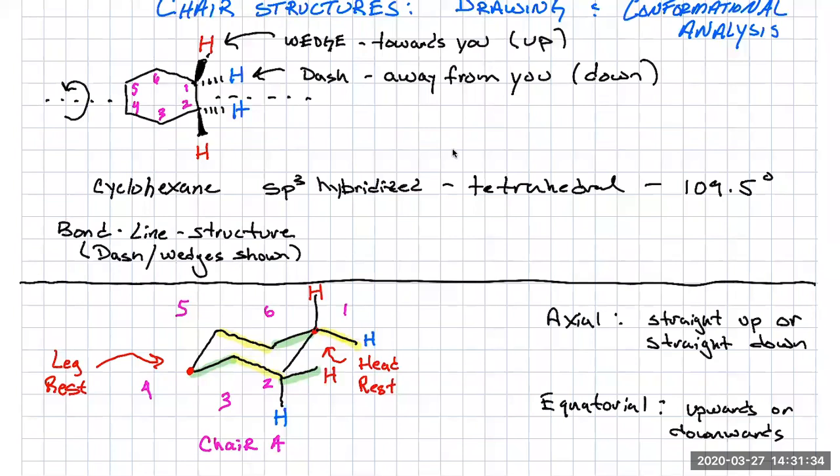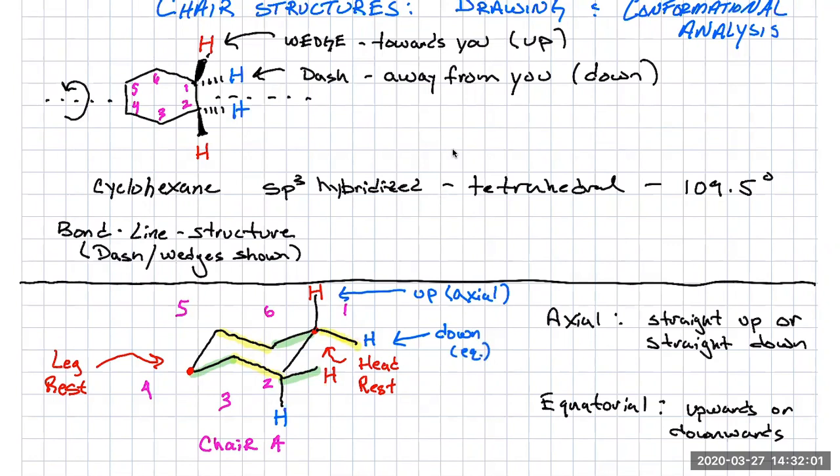Okay, one other thing to note here, just so you get used to thinking about it this way. That's axial, that's up, as it should be. It came from a wedge. It's axial. This is down, and it's equatorial. So when you go to the next carbon, it alternates the pattern.